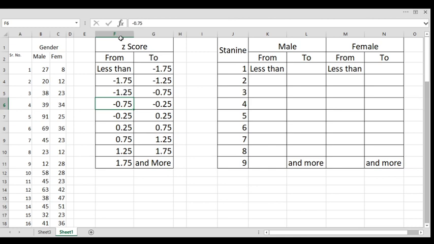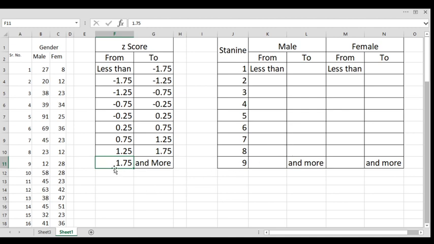I have written the range starting point and ending point in columns F and G. And at last you can see the highest 4% scores, whose Z values are more than 1.75, all are assigned stanine 9.